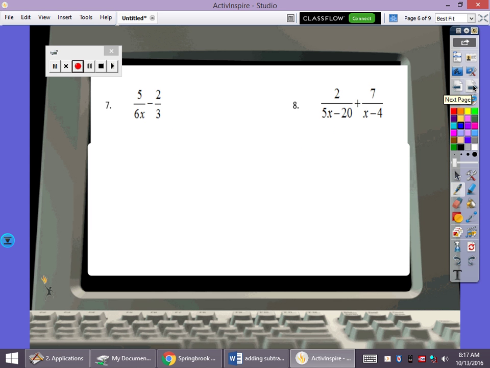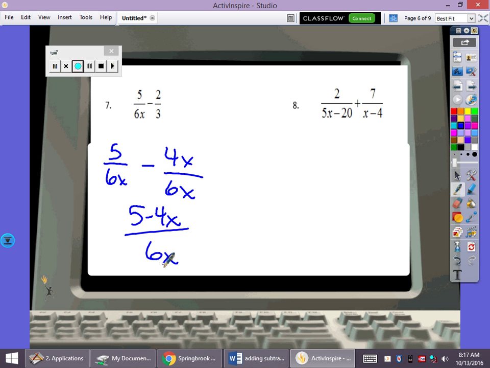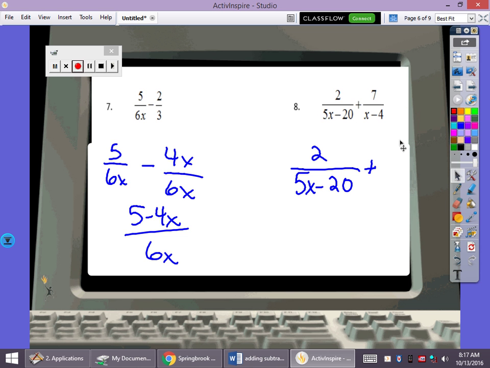All right, moving on. Sorry. Number 7. What's the common denominator? So 5 over 6x minus 4x over 6x gives me 5 minus 4x over 6x, yes? All right, common denominator for number 8. 5x minus 20, okay, plus 28, no, times, so 35 over 5x minus 20.